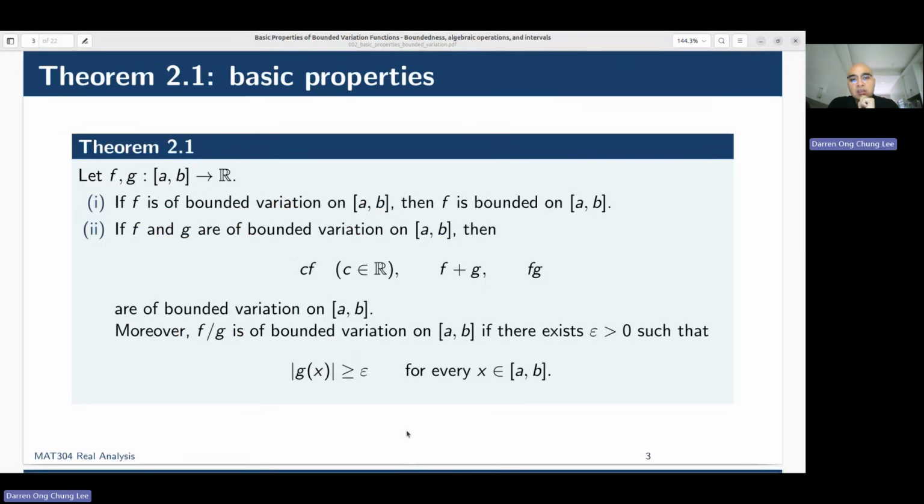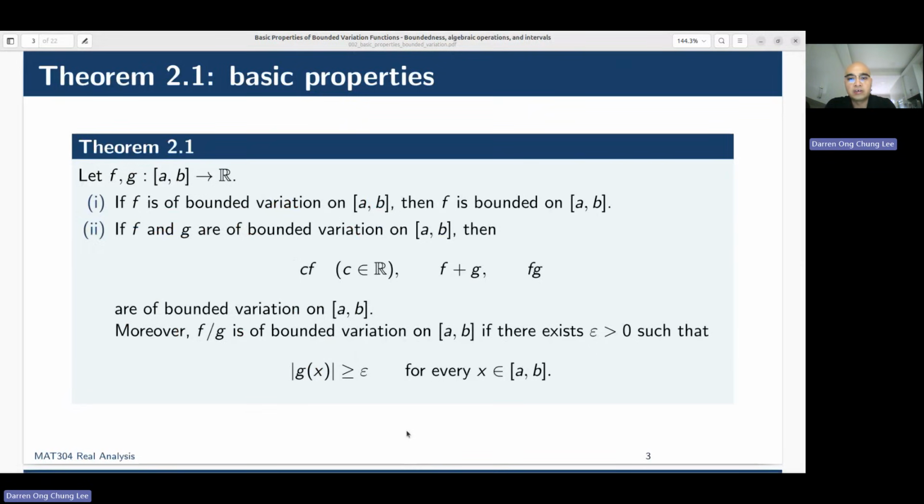The second fact is that these bounded variation functions are linear. In particular, if you multiply a bounded variation function by a constant, it remains bounded variation. If you add two bounded variation functions, it remains bounded variation. And if you multiply two bounded variation functions, you get a function of bounded variation.